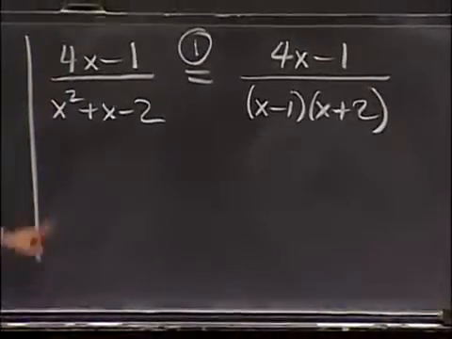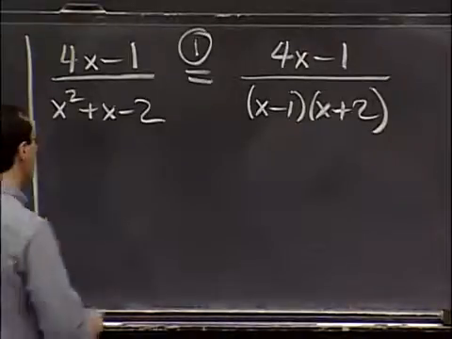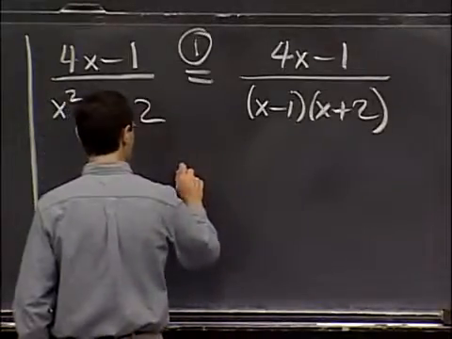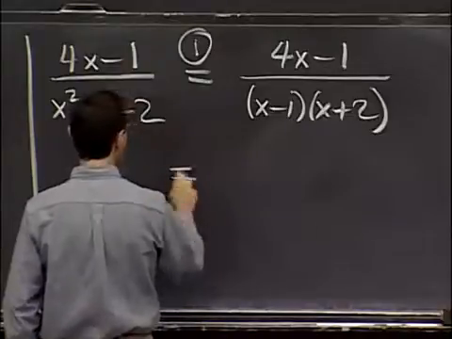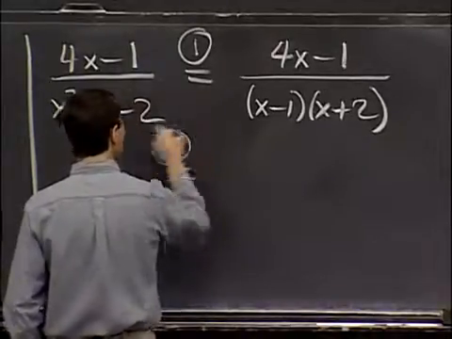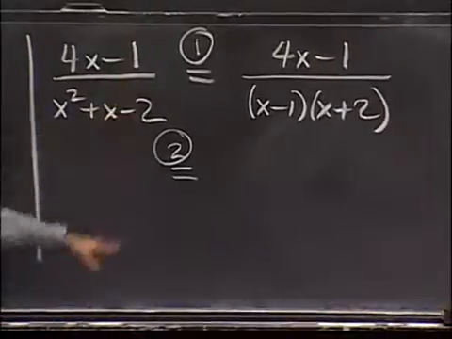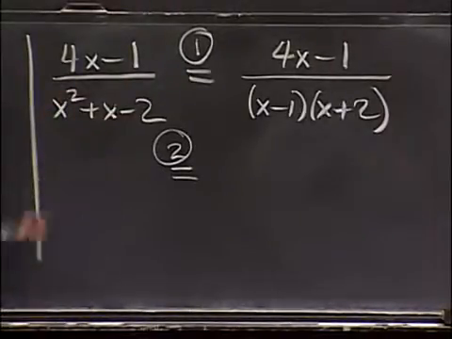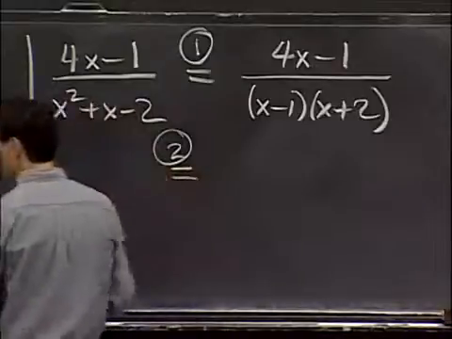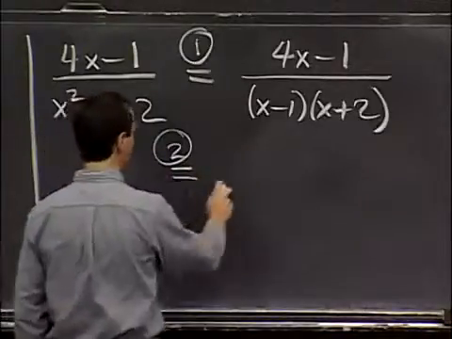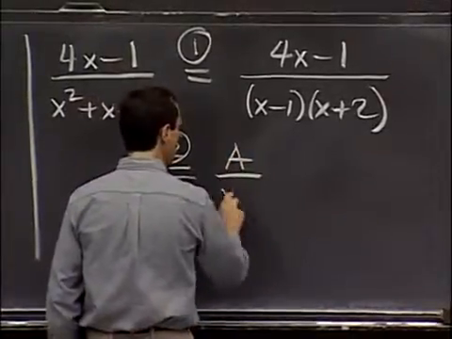So I factor the denominator, and now the second thing that I'm going to do is what I'm going to call the setup, how I'm going to set things up. I'll tell you what these things are more systematically in a second. The setup is that I want to somehow detect what I did before, and I'm going to write some unknowns here.